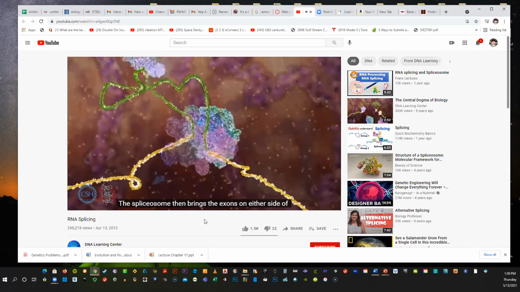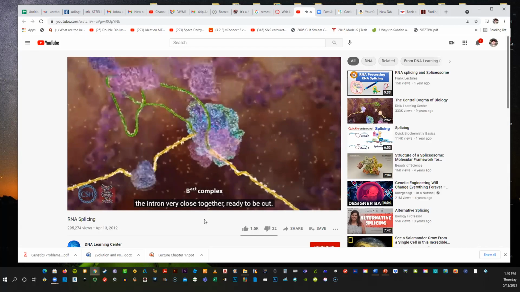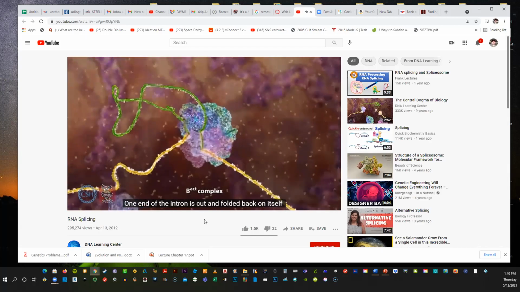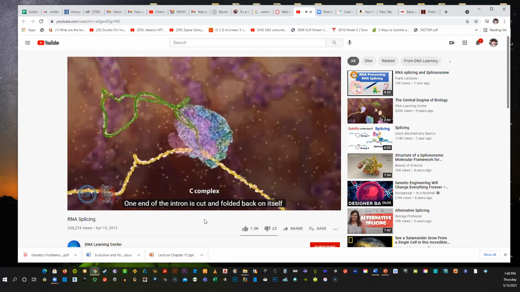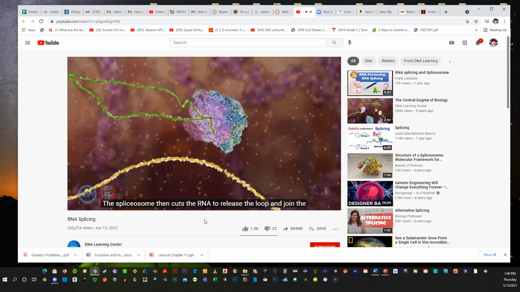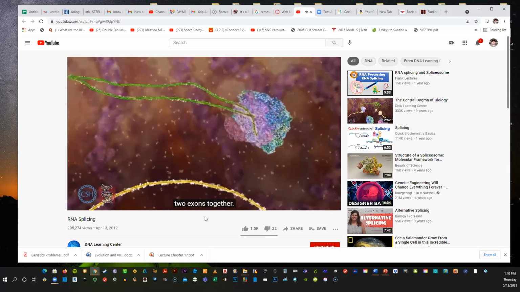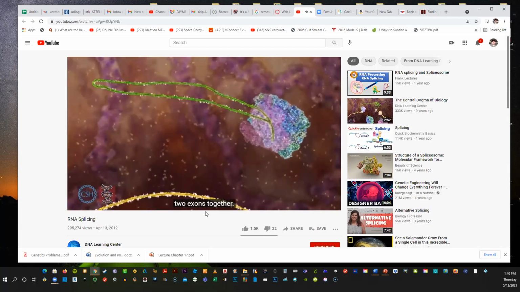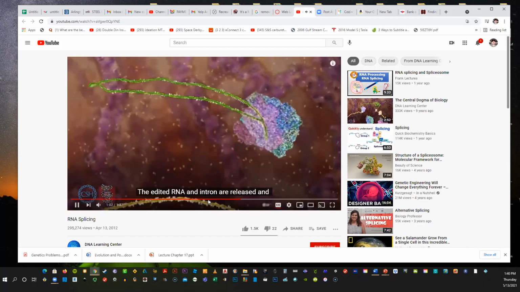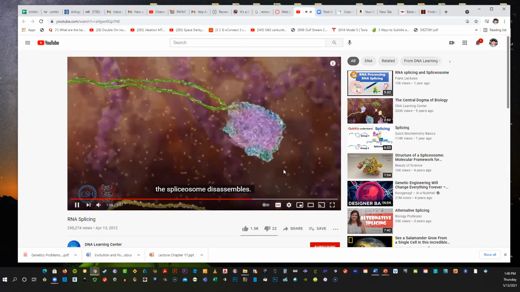The spliceosome then brings the exons on either side of the intron very close together, ready to be cut. One end of the intron is cut and folded back on itself to join and form a loop. The spliceosome then cuts the RNA to release the loop and join the 2 exons together. The edited RNA and intron are released and the spliceosome disassembles.